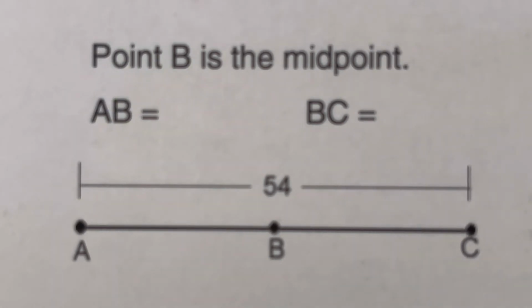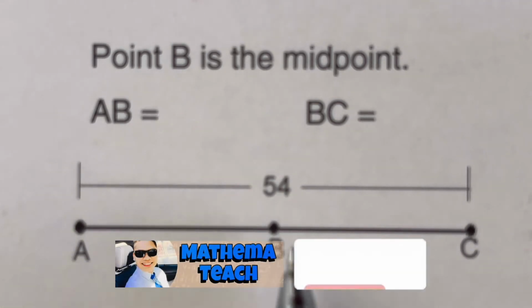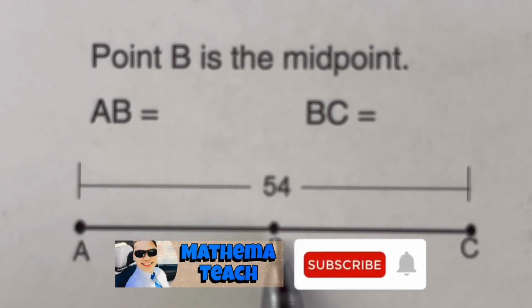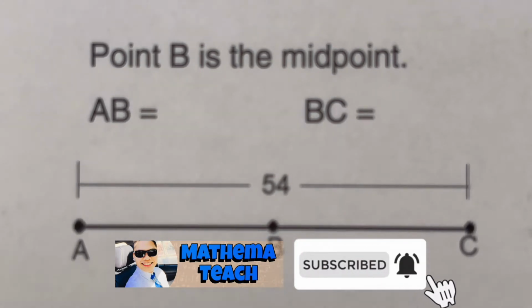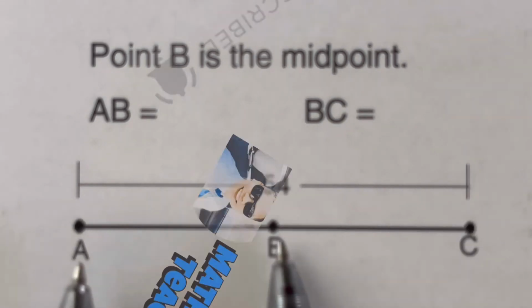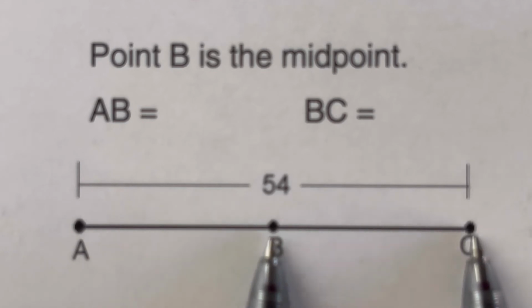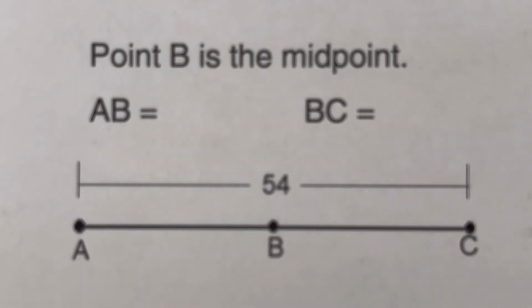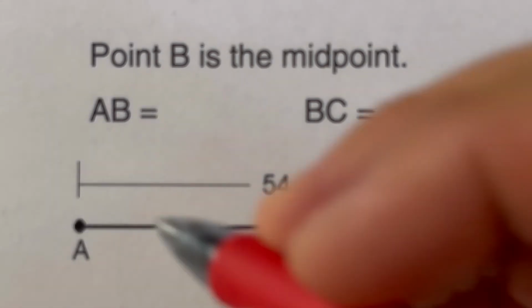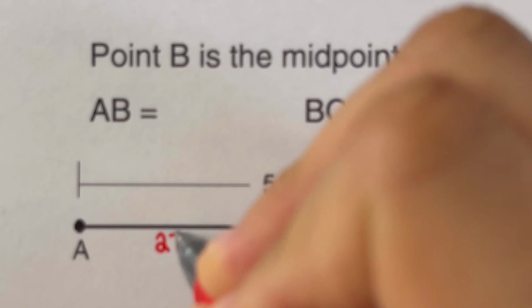Okay, so let's go over the problem here. Since the whole thing is 54, and remember our point B is the midpoint, these two segments here would be congruent, or equal to each other. So we can say that AB is half of 54, which is 27. I'm just going to write 27 right here.